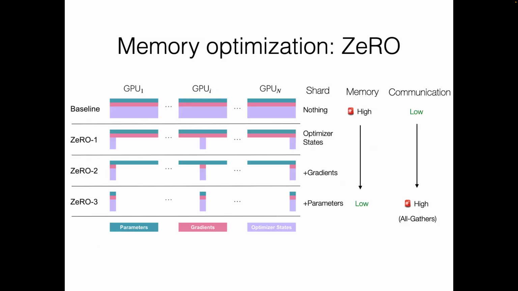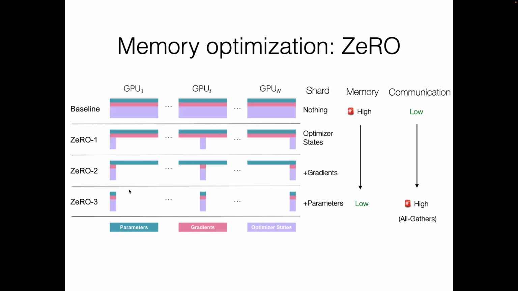And this incurs a lot of communication cost, because what each GPU has to do, as it's performing a forward pass, is for a given layer, gather all of the parameters for that layer, perform the computation, then free the memory, then move to the next layer.